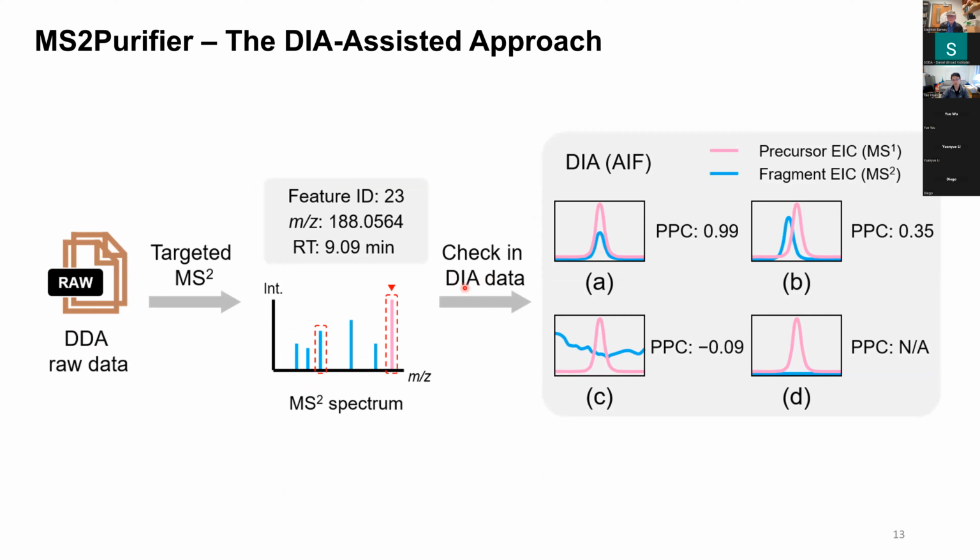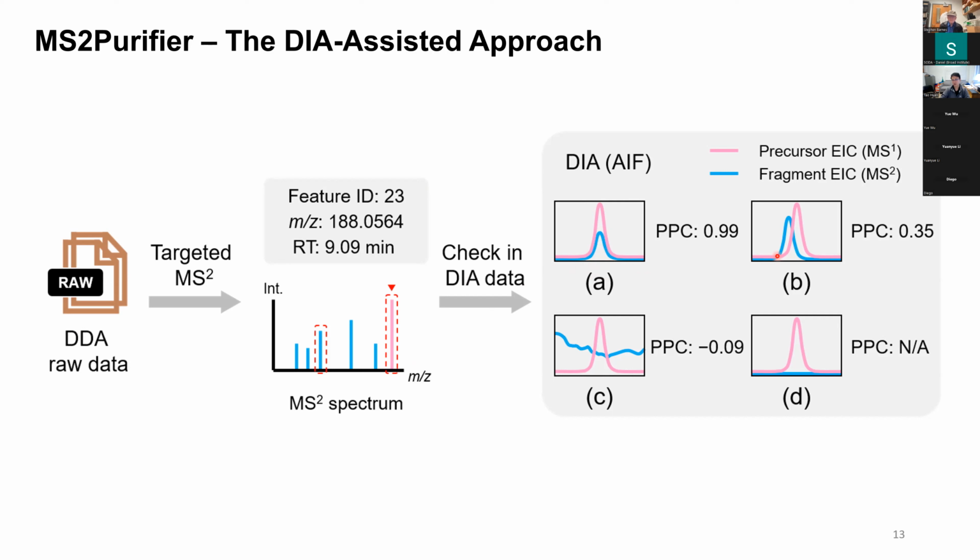Then from the DIA data, we try to find the chromatography of both the fragment ion and the precursor ion. As you can see in the DIA analysis, if the fragment co-elutes very well with the precursor ion, then we believe that this fragment ion is more likely to be a true fragment.